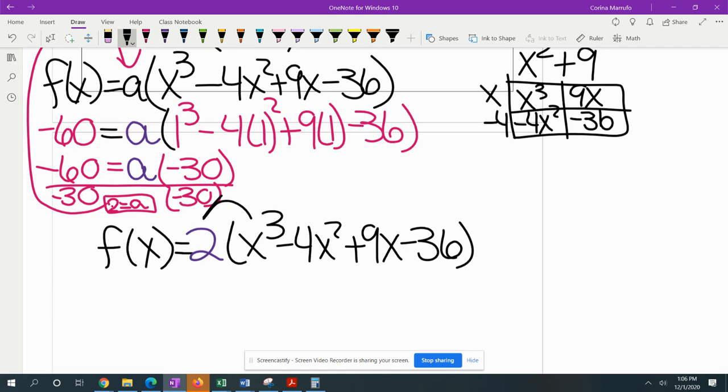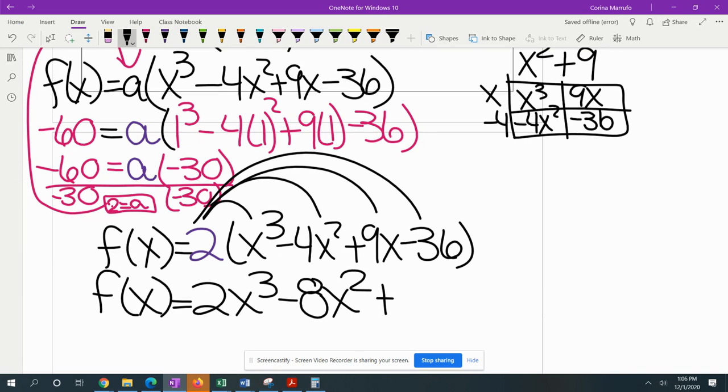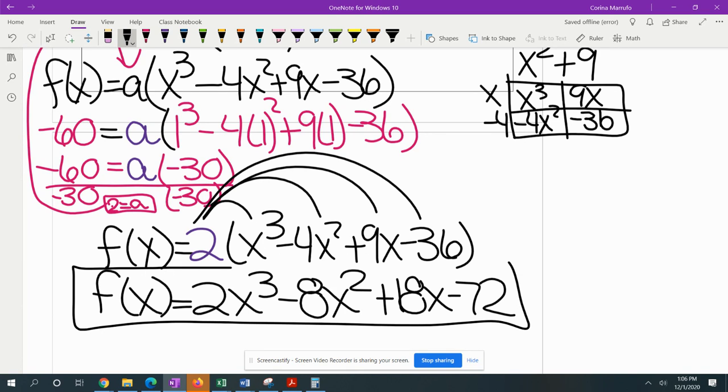So we distribute, boom, boom, boom, boom, boom. So we get f of x equals 2x to the third power minus 8x squared plus 18x minus 72. And that's it. So this polynomial will cross through those 3 zeros that they gave us, or those roots, and then it will cross through the point that they gave us.